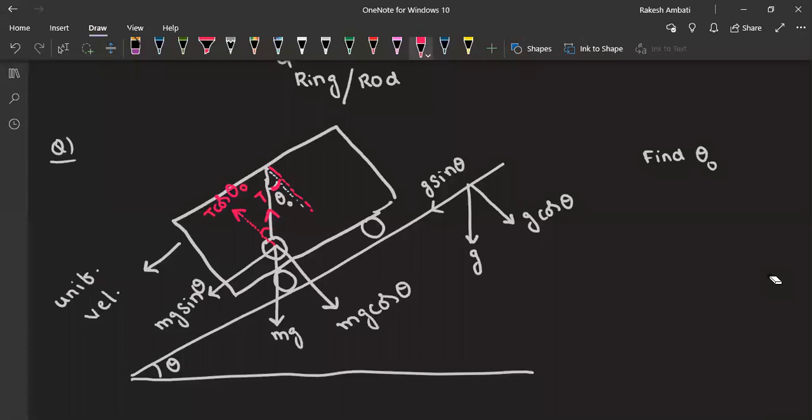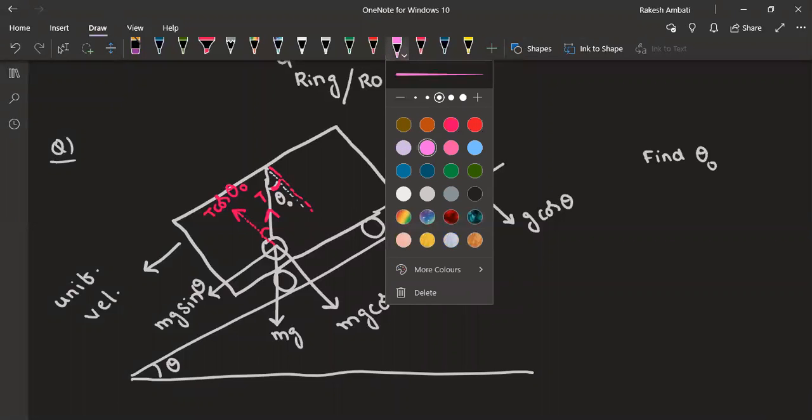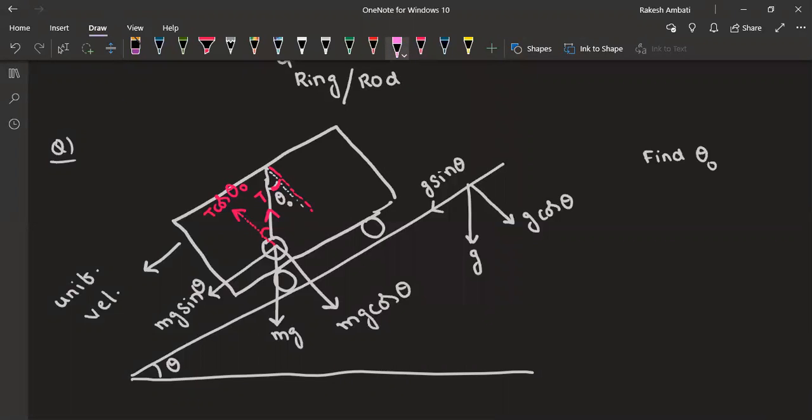So in the question, it is given that it is moving down the inclined plane with uniform velocity. With uniform velocity, do we have any acceleration? Zero acceleration. With acceleration zero, the resultant force is zero. If the resultant force is zero, then the forces will be balanced.